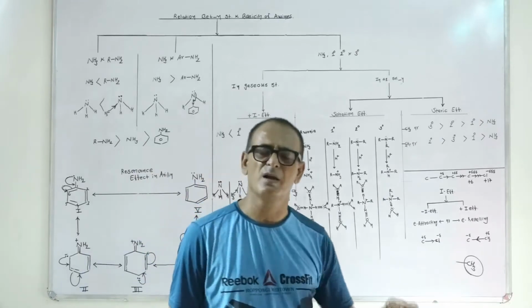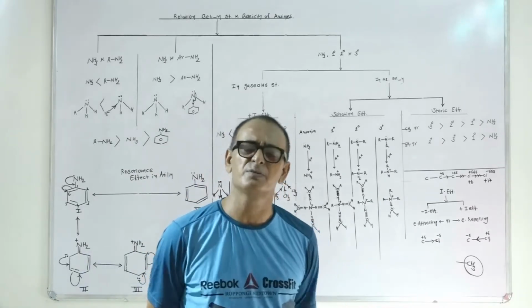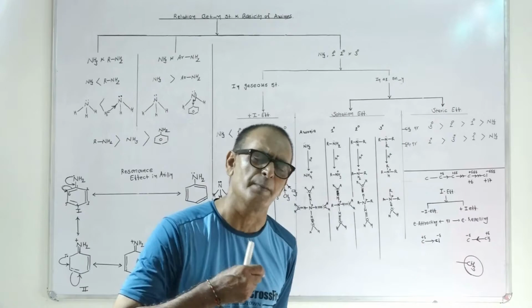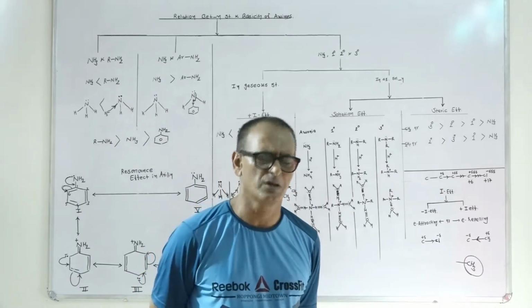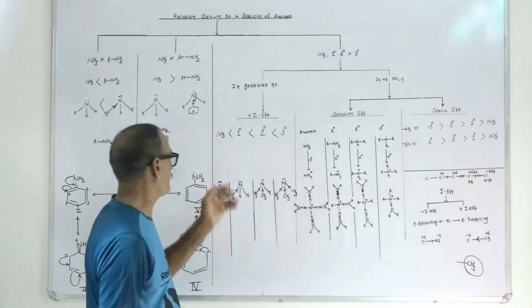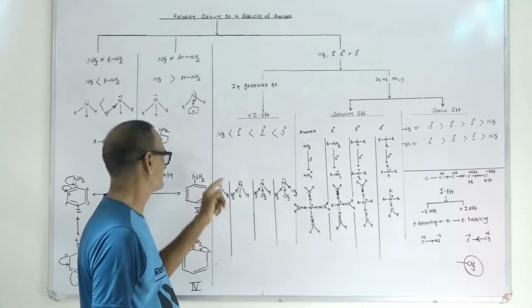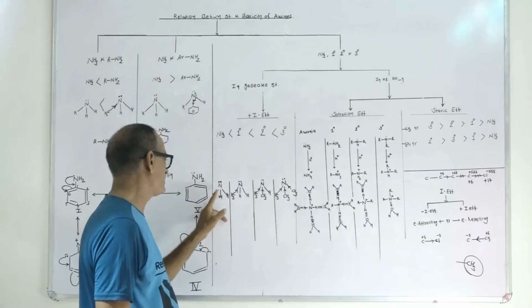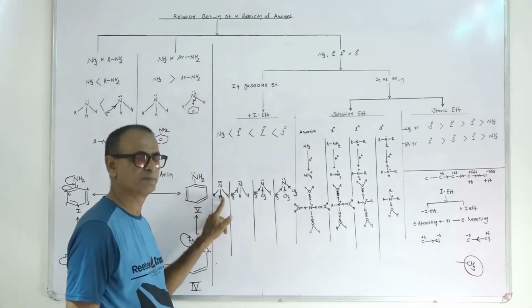Remember, methyl group possesses plus I effect. Means methyl group is always ready to repel electron pair to other atom. In case of ammonia, nitrogen is bonded with 3 hydrogen atoms.